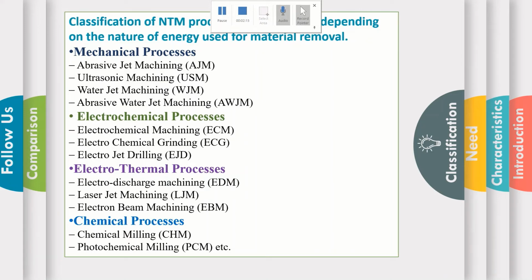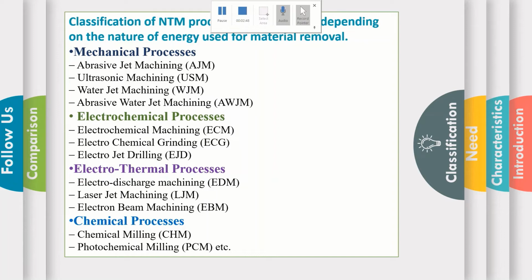And the last type of NTM process is chemical energy based processes. Here most materials are susceptible to chemical attack by certain acids or other agents. In chemical machining, chemicals selectively remove material from portions of the work part, while other parts of the surface are protected by a mask.